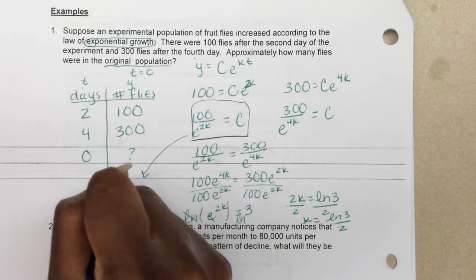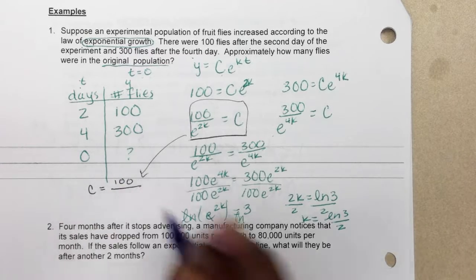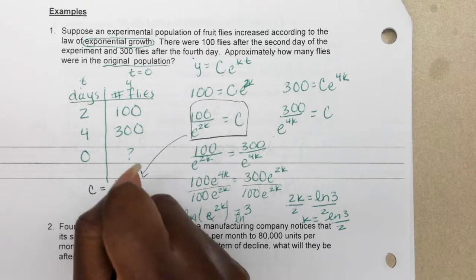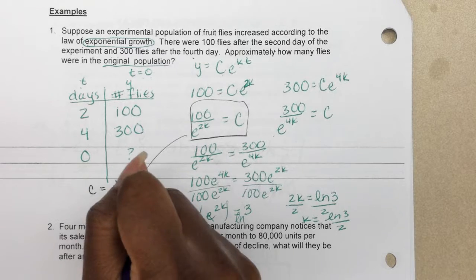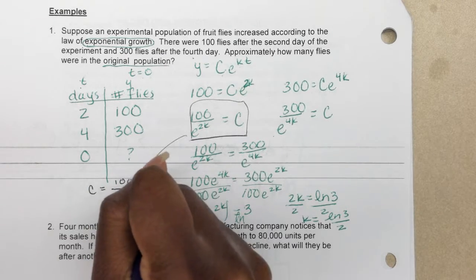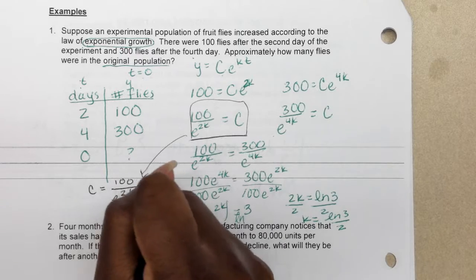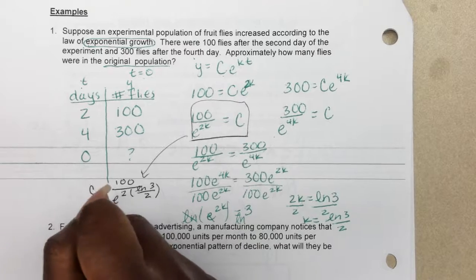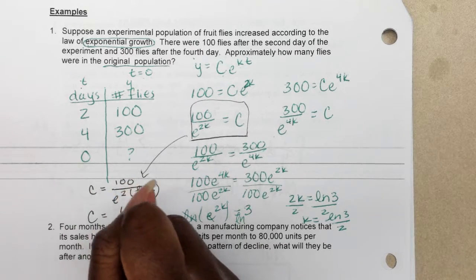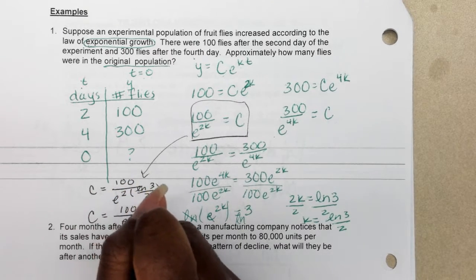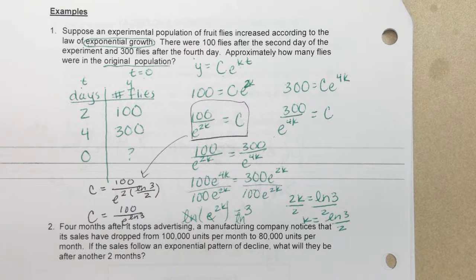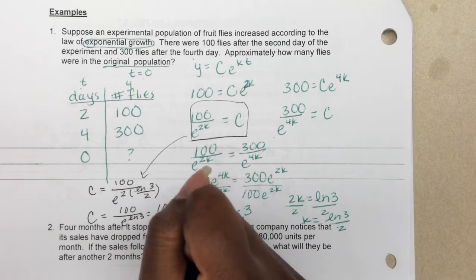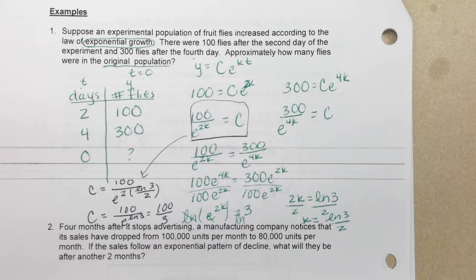So c is equal to 100 over e to the 2 times ln 3 over 2. The 2's will cancel, and we'll get c is equal to 100 over e to the ln of 3. E to the ln of 3 cancels out, and we get that c is equal to 100 over 3.